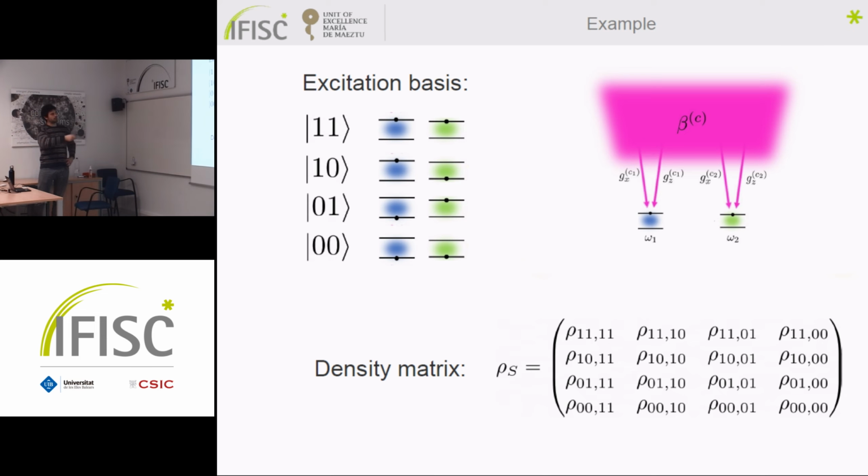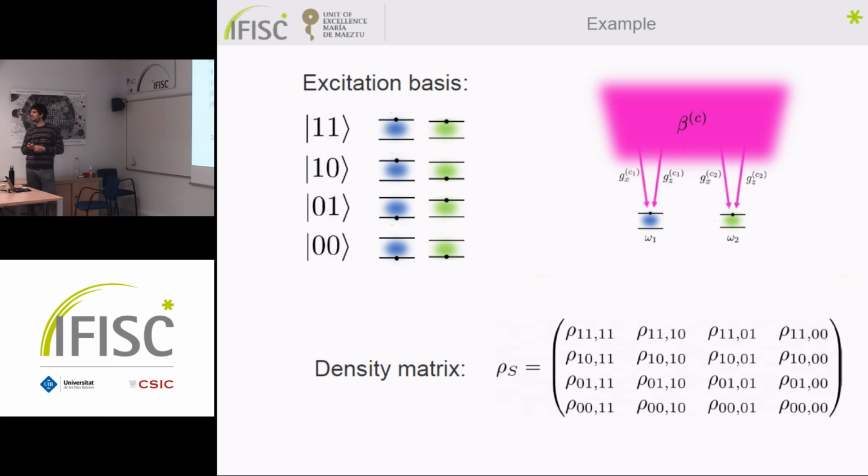So this is a basis of the 2 qubits, to describe the state of the 2 qubits. The density matrix is written like this. This is the density matrix that contains all the information about the state. I mean, literally all the physical information about the state, all the things that we can say as physicists.